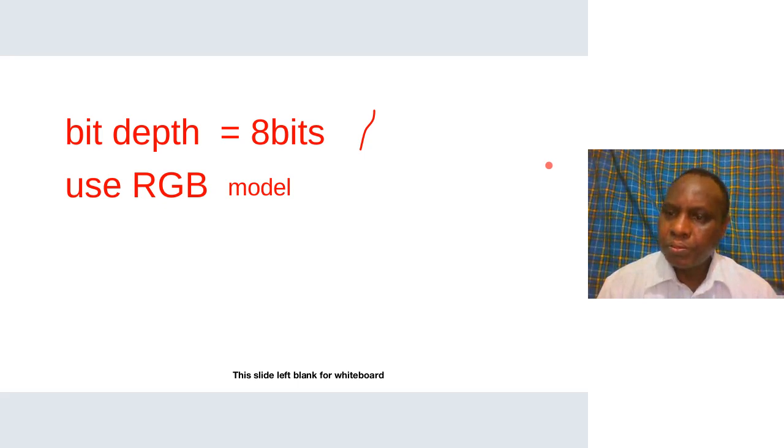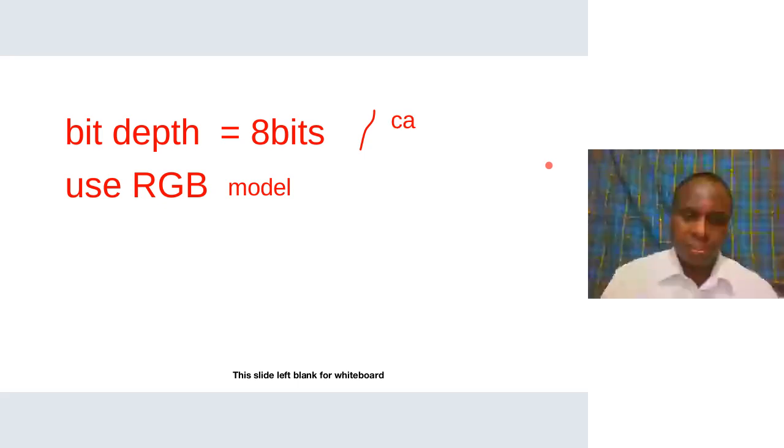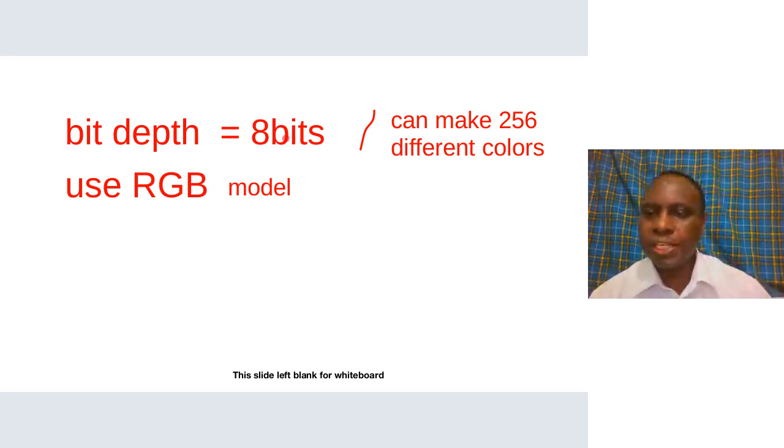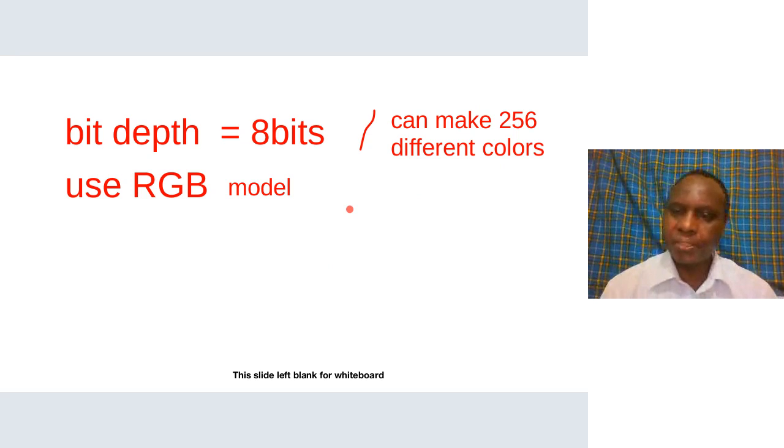So you can make 256 different colors. According to what we have said, if you have 8 bits, then you can make 2 to the power 8 different colors, or the system will be able to display 256 different colors. But notice that you have now to adopt a certain model.